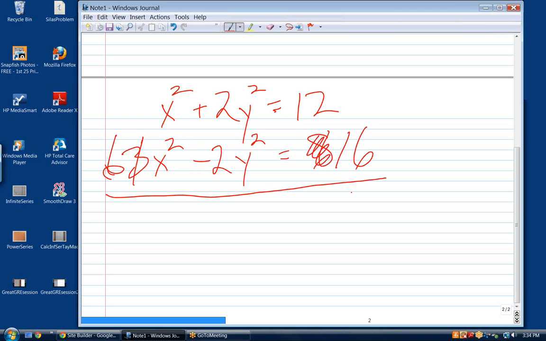Okay. Now you have to add them together. What do we get when we add the left side? We have 1x squared plus 6x squared, so 7x squared is equal to 28.